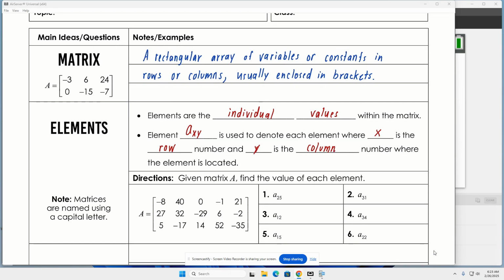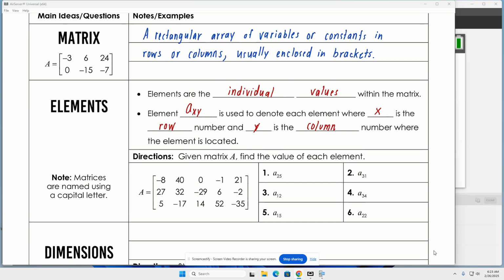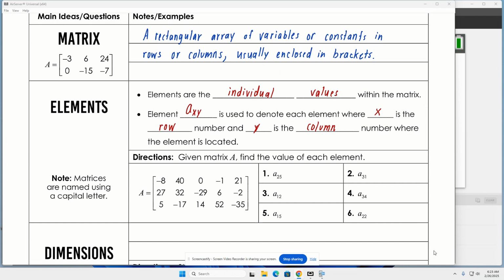All right, so for example, if I wanted you to take this matrix that we have here, and I want you to describe what element is being listed by A sub 2,5, and A sub 3,1, and A sub 1,2, and A sub 3,4. That's not A sub 25, okay?